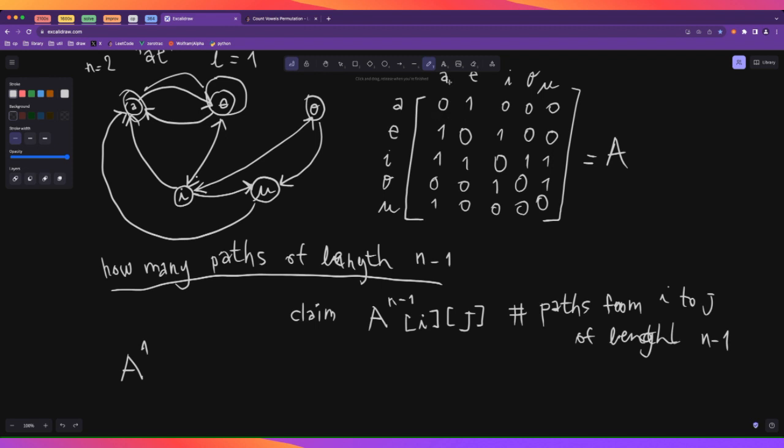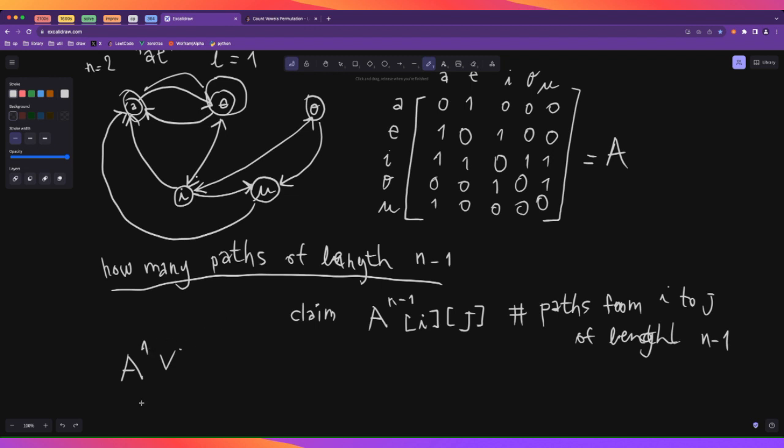So from A to A, there is no path of length 1, but from A to E, there is 1, and so on. So the case of A to the 1 is trivial.